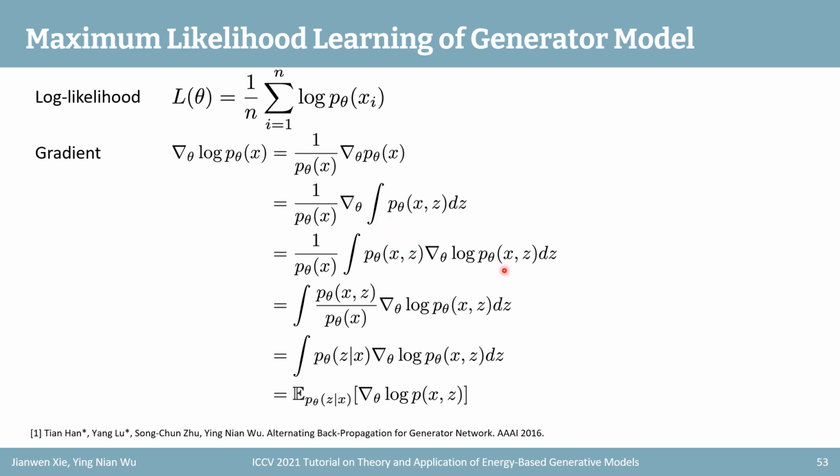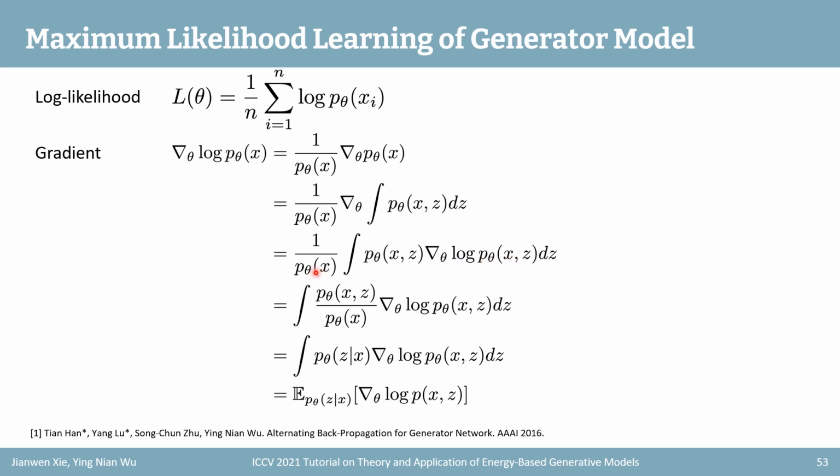And then we use a very commonly used trick, which also underlies the REINFORCE algorithm for policy gradient. That is, the derivative of the density can be written as the gradient of the log density multiplied by the density itself. Sometimes we also call the gradient of the log density the score function.